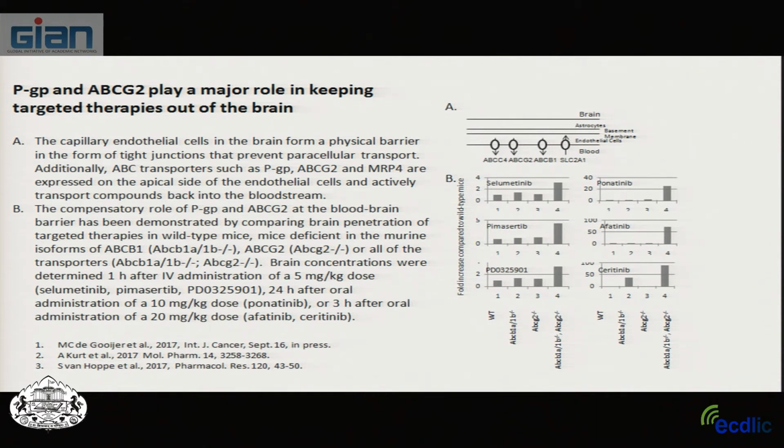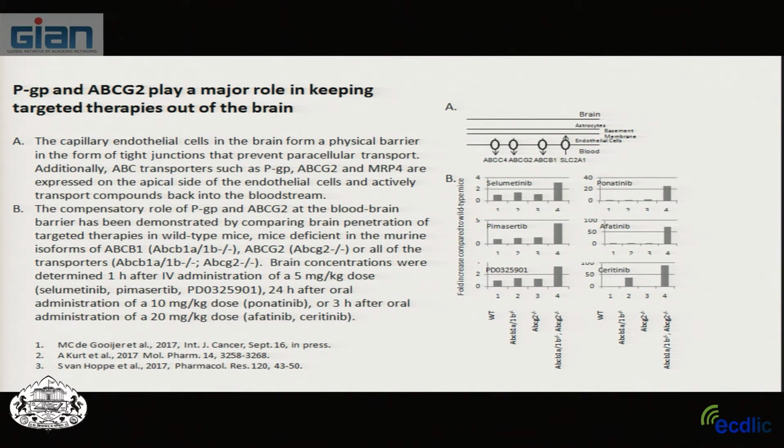Only now have people started using these tyrosine kinase inhibitors, and this is just a schematic of the blood-brain barrier, which we already saw. A number of transporters are present on the luminal surface of the endothelial cells. And these are some of the tyrosine kinase inhibitors like selumetinib, ponatinib.